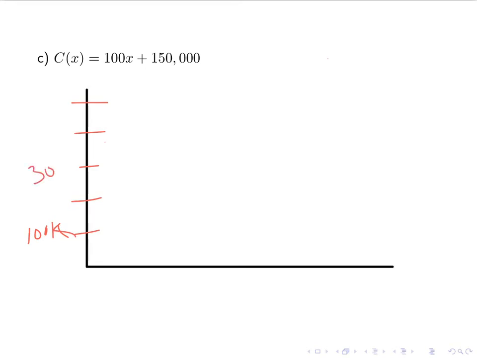This one's going to be 300,000, and then 500,000. Okay, so I'm not labeling all of them because it gets a little messy, so I'm just labeling every other one. And then when it comes down to the x-axis, I'm going to go by 500s. So this one's 1,000, then 2,000, then 3,000.